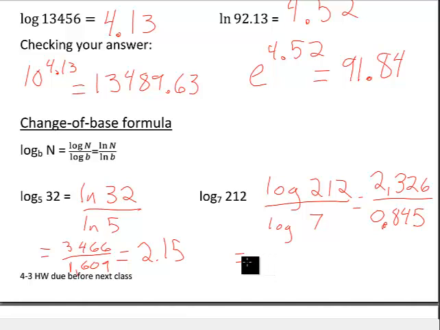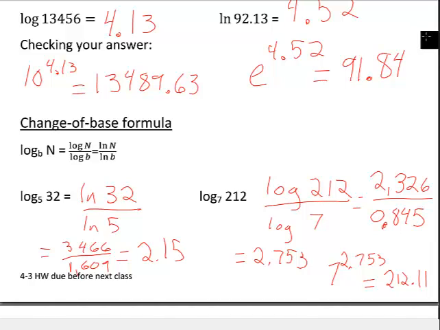Again, we do that division, we get 2.753. And again, we should probably check that, but if we do 7 to the power of 2.753, we see that we get 212.11. And again, it's not perfect, but it's pretty darn close.